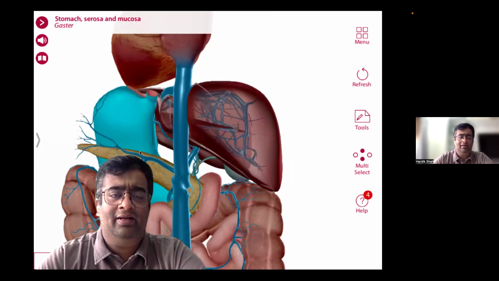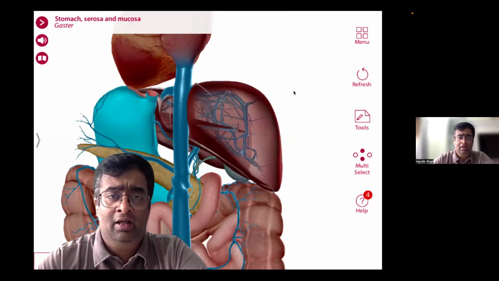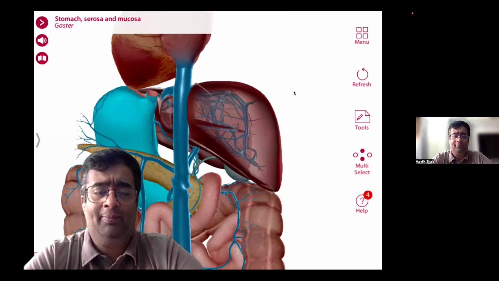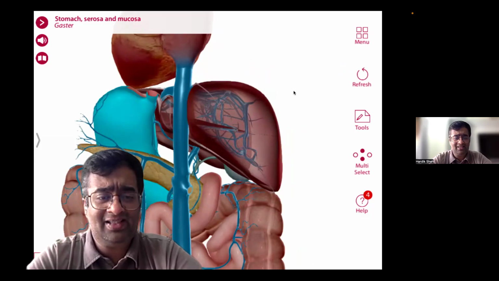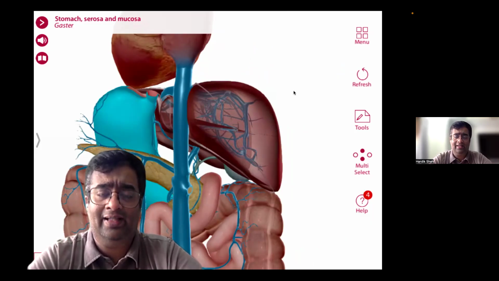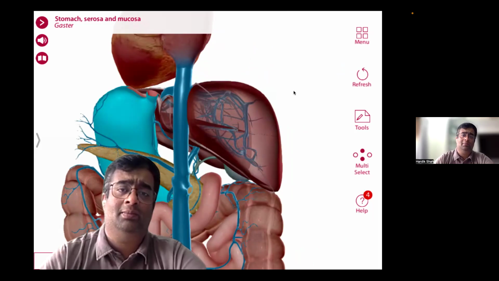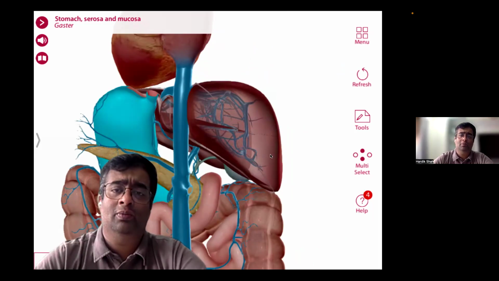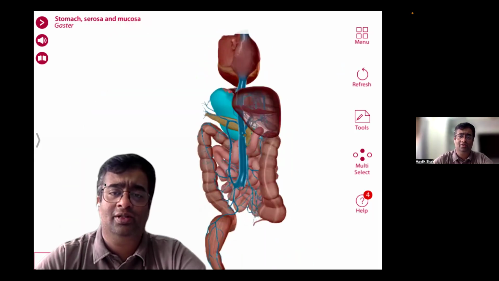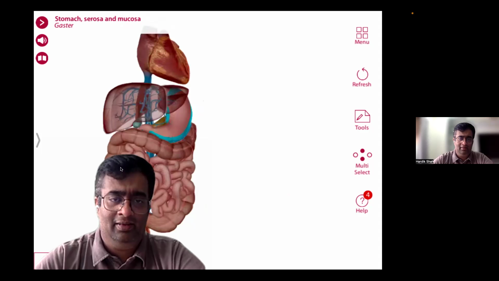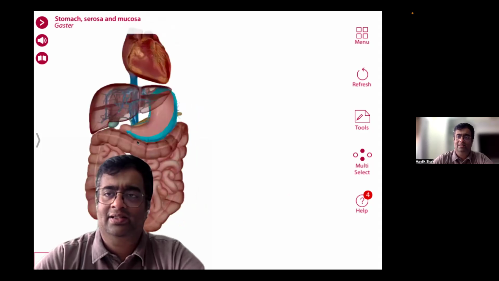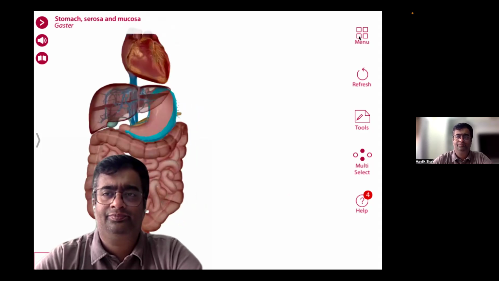I repeat again, the pancreas lies behind the stomach. So unlike your 2D diagrams that are printed in the textbook, please remember that the pancreas lies behind the stomach, not below the stomach. In 2D diagrams, it will be shown below, but in actual position, it is behind the stomach. Now, let us talk about the intestinal juice and its contents.